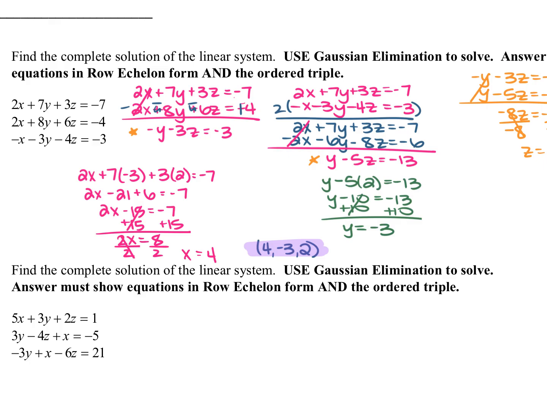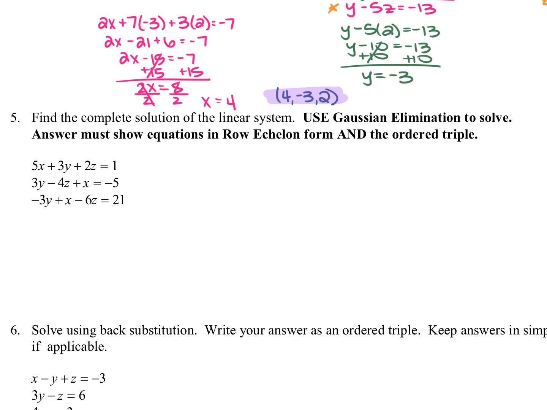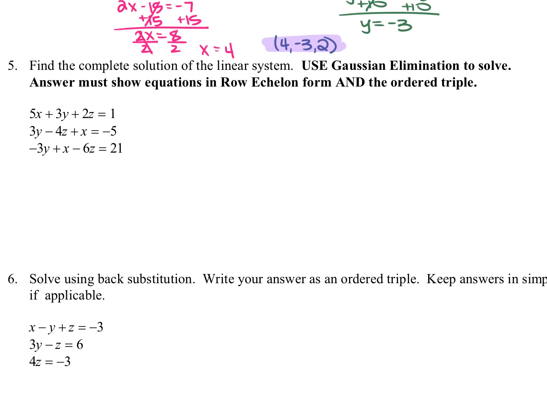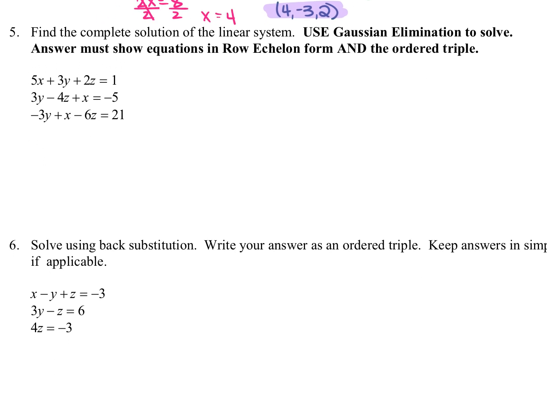Your next question that we're going to go over is going to be number 14 from your review. You have 5x plus 3y plus 2z is equal to 1, 3y minus 4z plus x is equal to -5, and -3y plus x minus 5z is equal to 21.